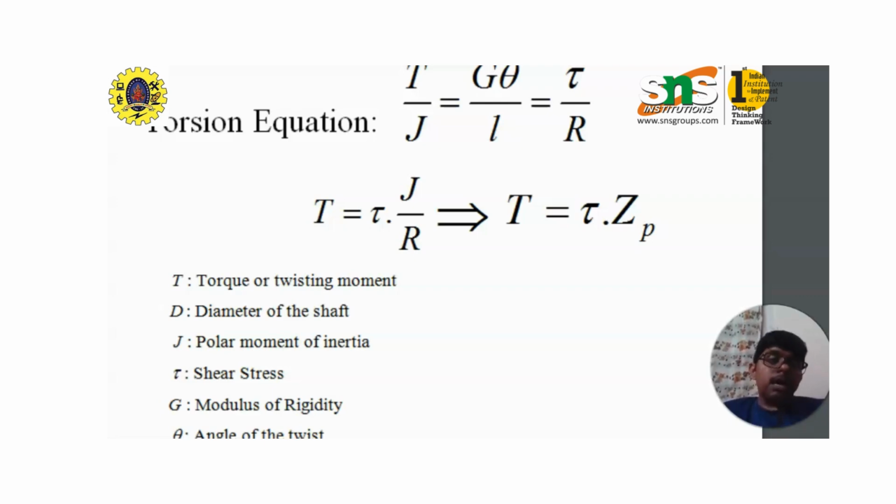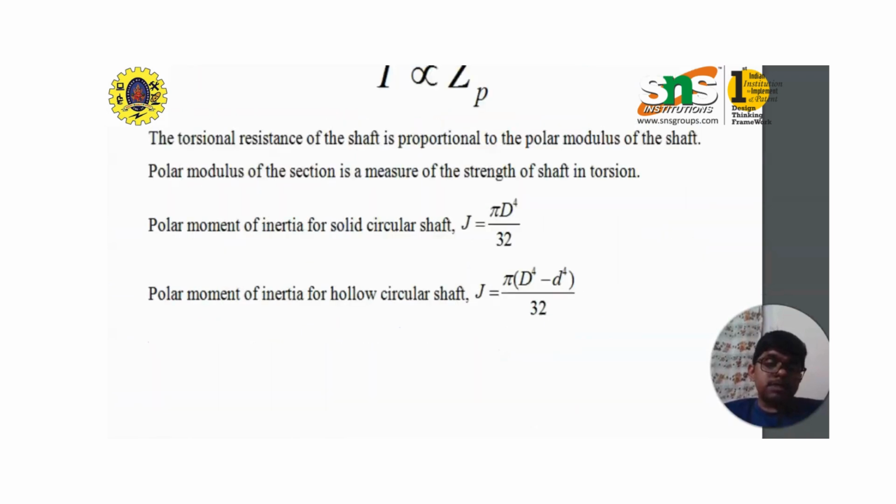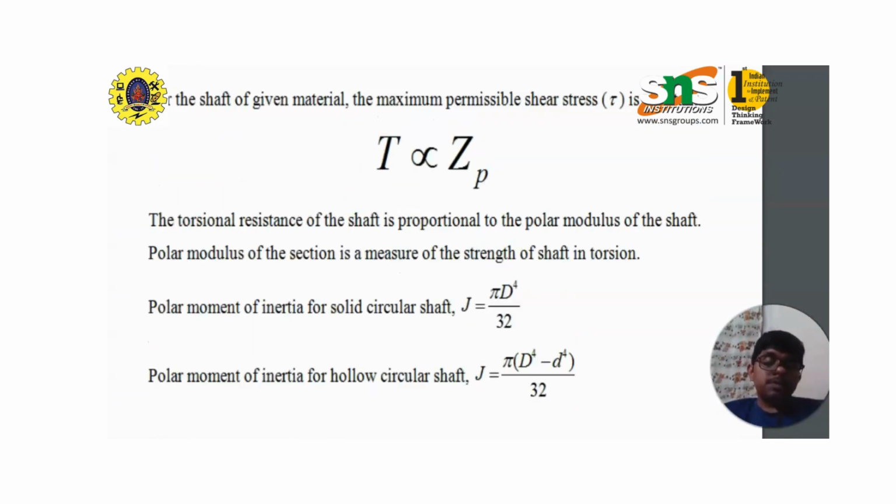Okay, and this lecture is going to cover two different kinds of shaft. One is called a solid shaft and another is called a hollow shaft. For the solid shaft, the polar moment of inertia is pi d power 4 divided by 32.